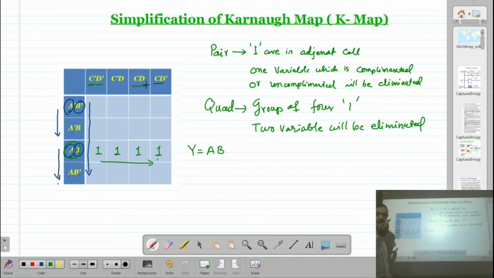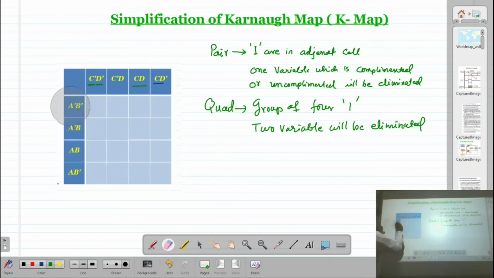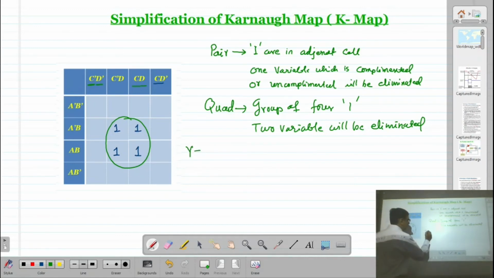So in the Karnaugh map, whenever you find a quad group of the 4 high levels, then you can eliminate the 2 variables. Suppose my quad is like this: one, one, one. This is also a kind of a quad. So you have to mark it in this way. Now, what will be the expression? Y will be equal to. Now you can see, if you are moving from left to right, then which variable is going to be uncomplemented?